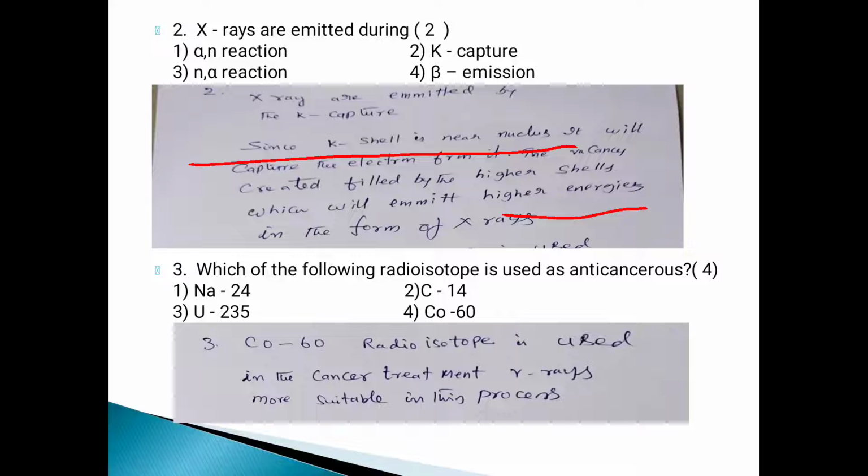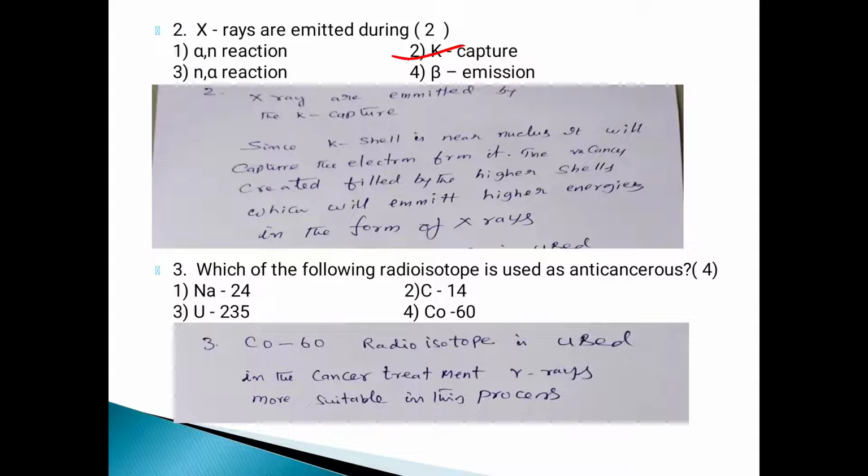The nucleus captures the electron from it. Usually X-rays are emitted by heavier metals when they are irradiated by some radiation. So the vacancy created in the K shell, that is the lowest level, can be filled by higher energy shells. So naturally the emitted rays will be higher energy rays. That's why the correct answer is K electron capture.